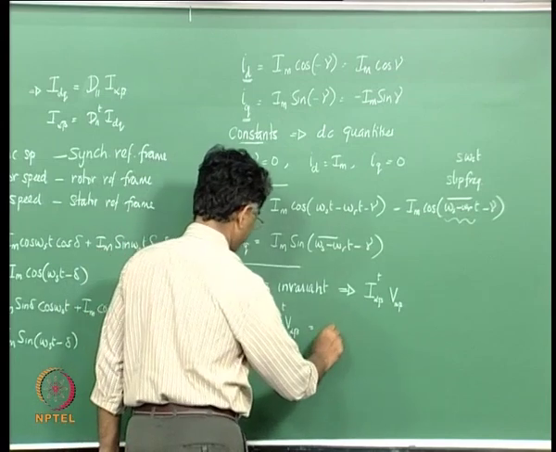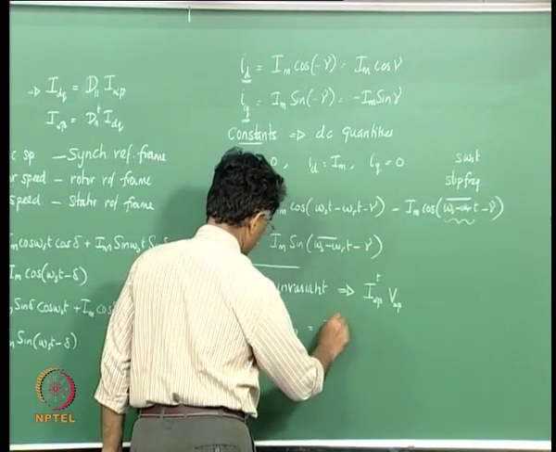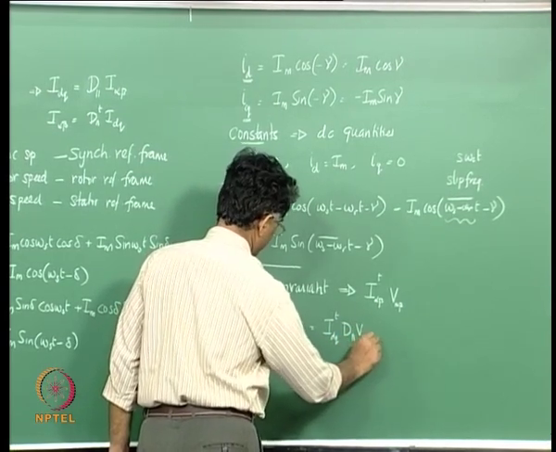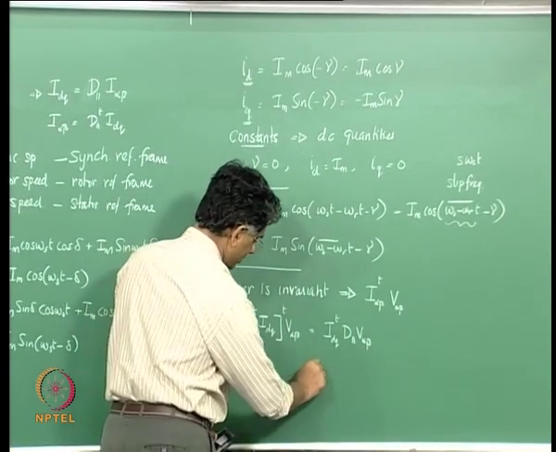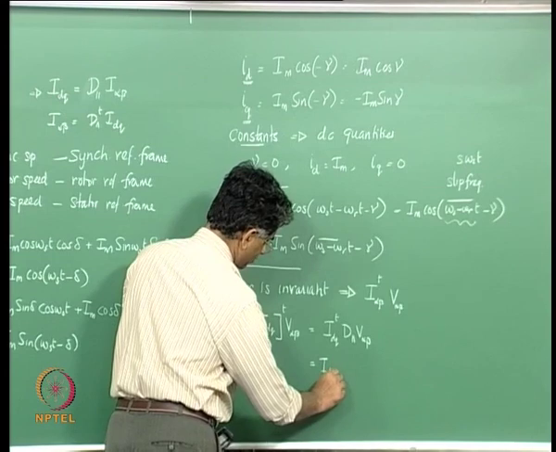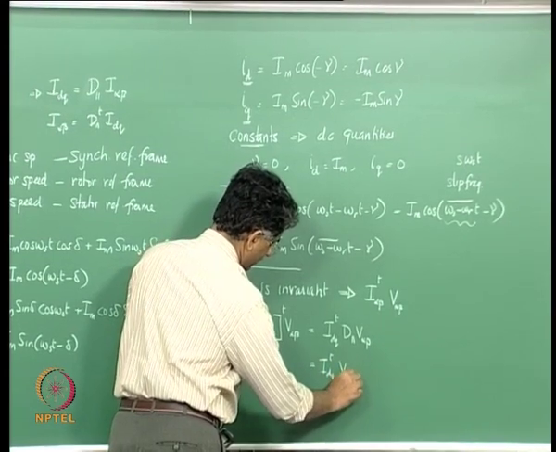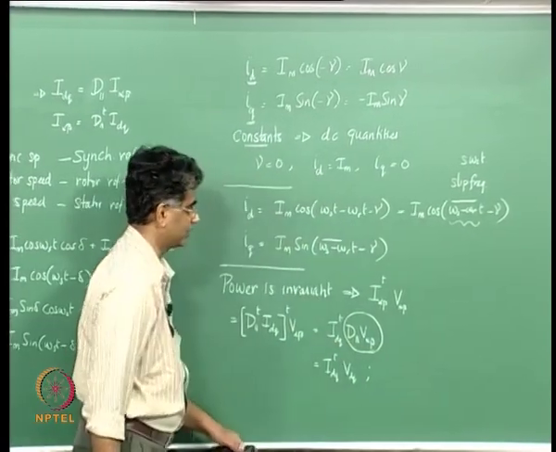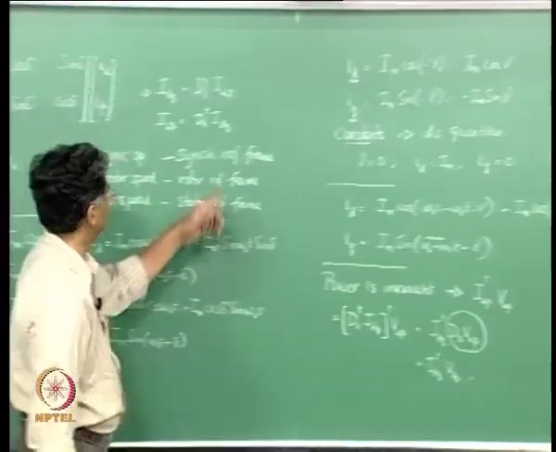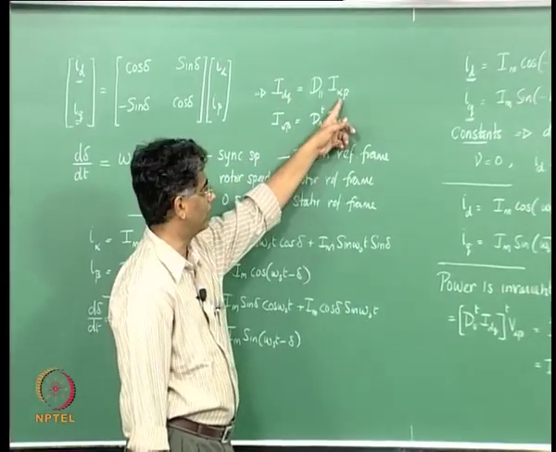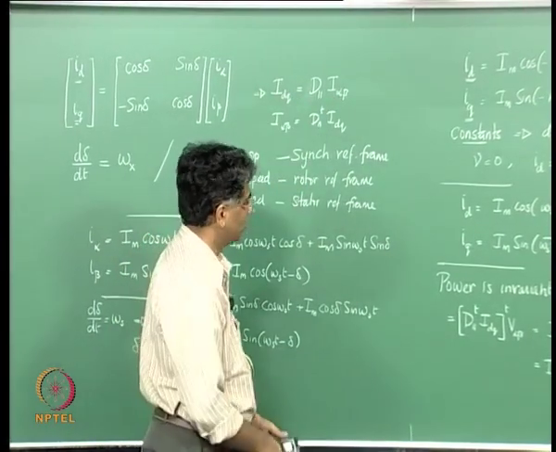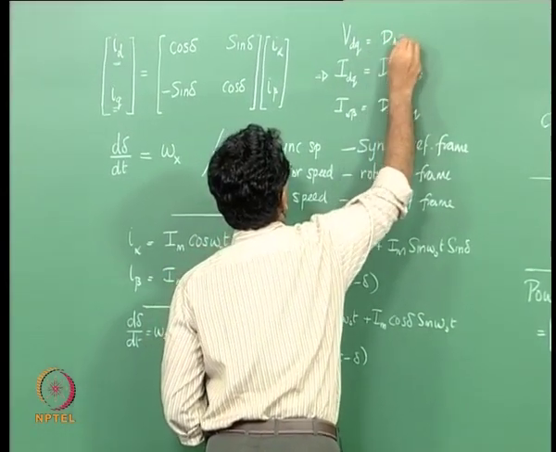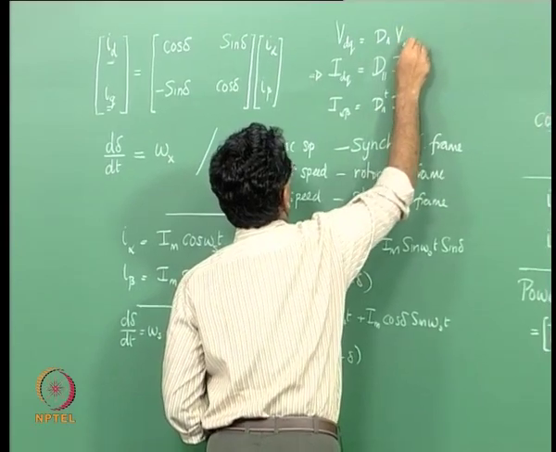This is nothing but I dq transpose multiplied by D11 into V alpha beta, which we can designate as I dq transpose into V dq, where V dq equals D11 into V alpha beta.